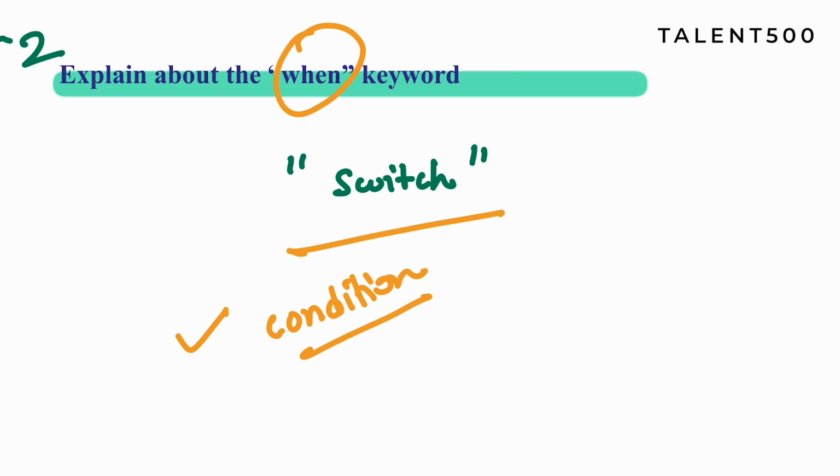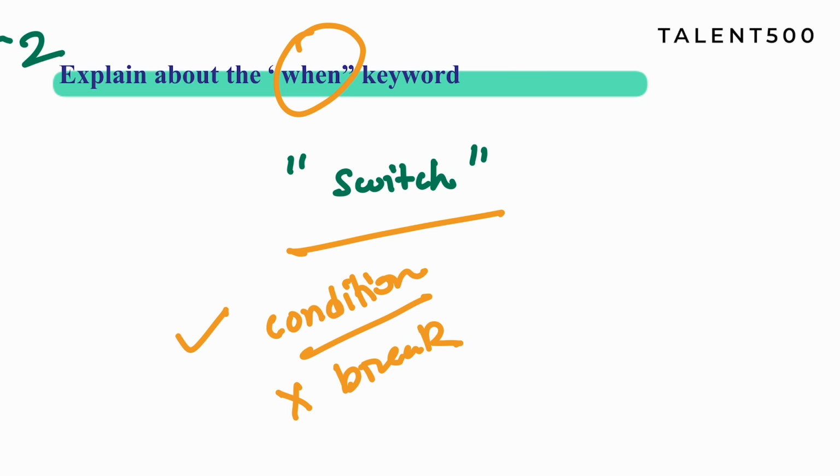And we do not need a break statement here. In switch we need break statements, but here we do not need a break statement at the end of each case, unlike switch cases in Java or any other programming language.